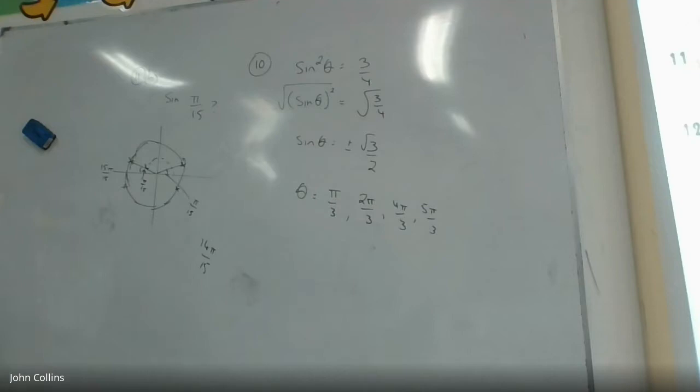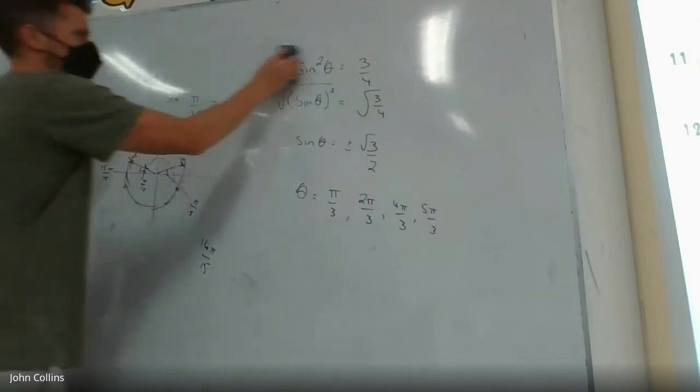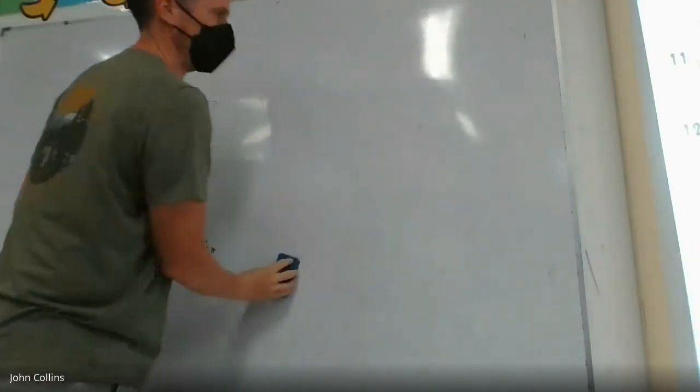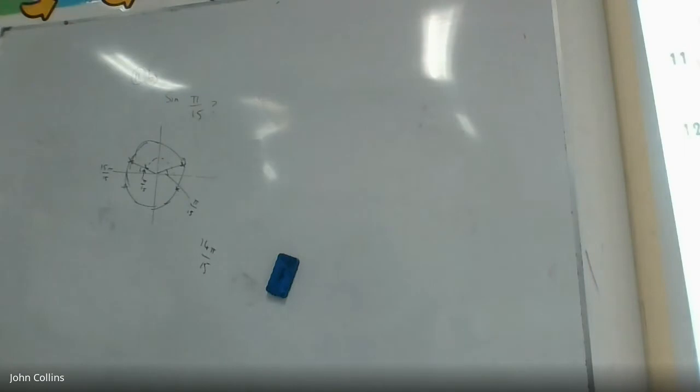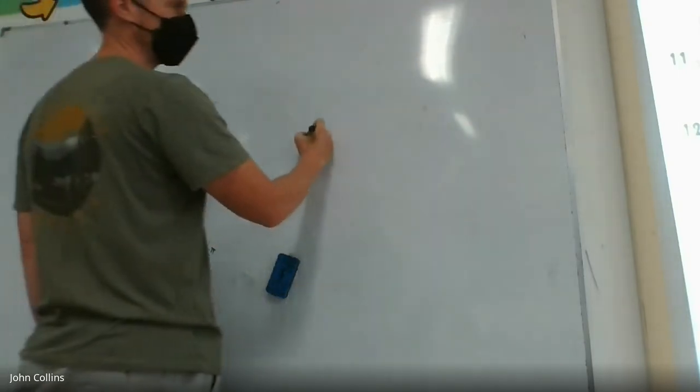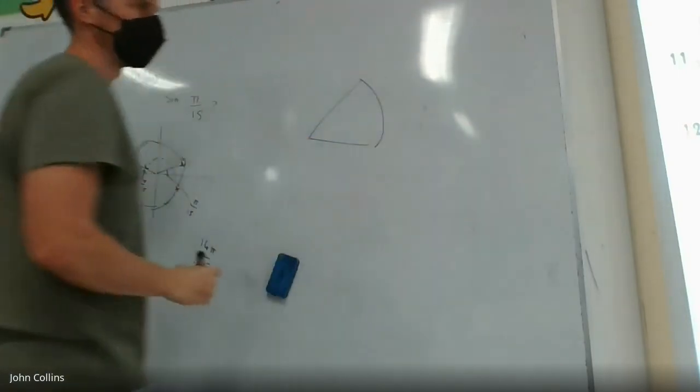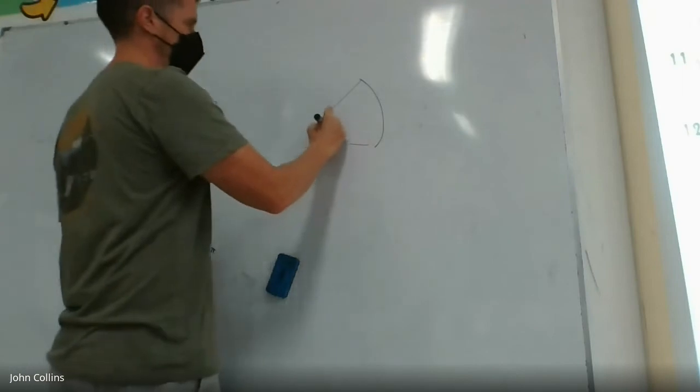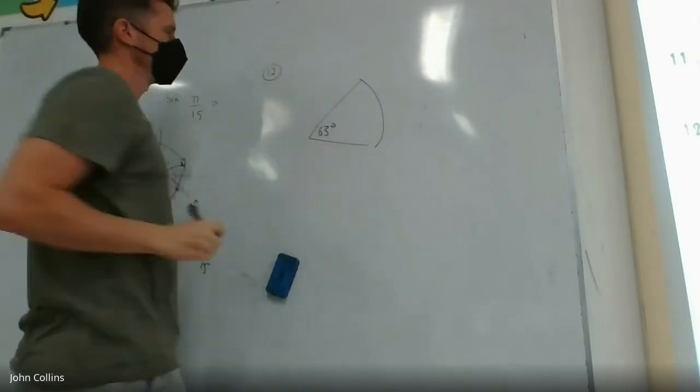Okay. Question 12. Find the perimeter and area of a sector with radius 11 and angle 63 degrees. Perimeter and area of a sector. All right, so we got something, a sector of 63 degrees. So this is question 12. 63 degrees here.